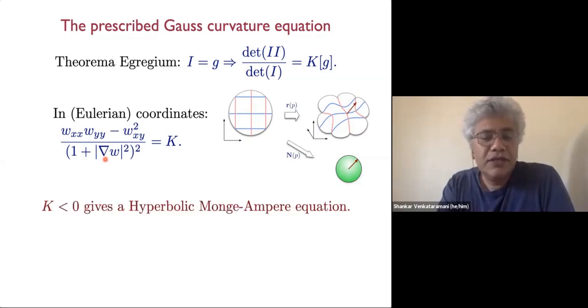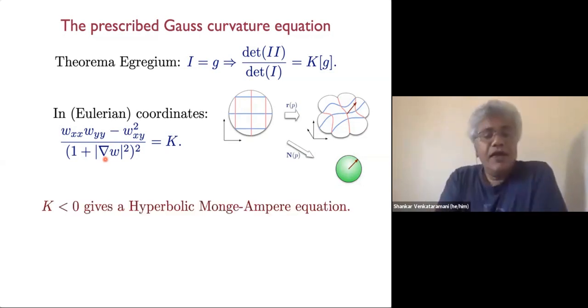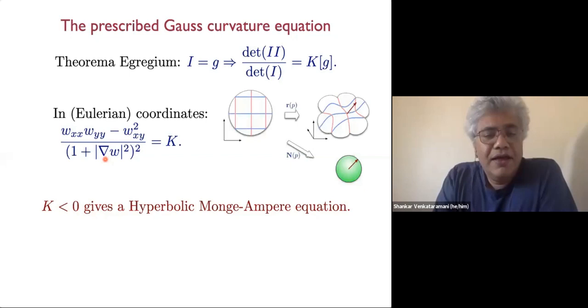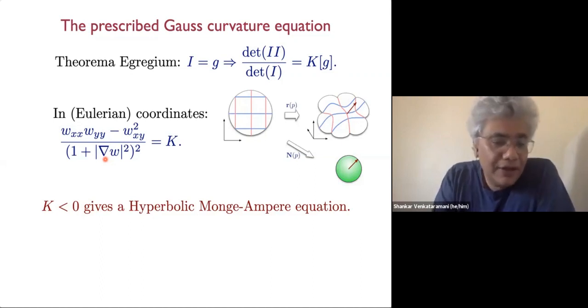So this is the equation that we want to solve. And if k is negative, this is a hyperbolic Monge-Ampere equation. Of course, there isn't a theory for hyperbolic Monge-Ampere equations at the same level as there is for the elliptic case. And there are good reasons for that, some of which I'll talk about.